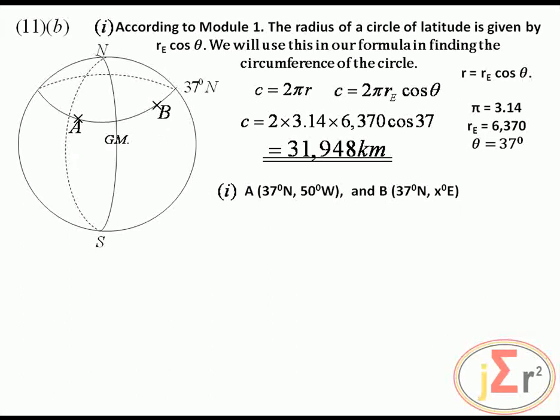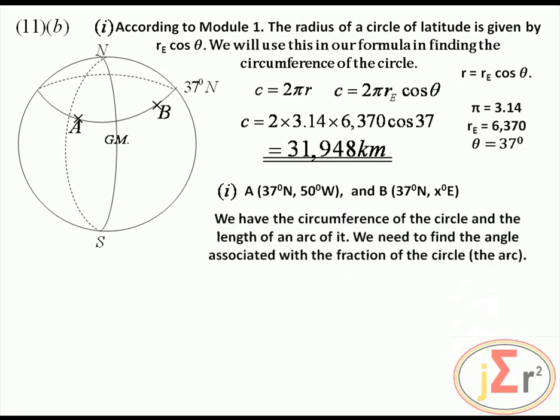B is 37 degrees north, x degrees east. We have the circumference of a circle and the length of an arc of it. So we know the length of the arc because it says so right in the statement of the problem. And of course it says that the distance between the two of them is 5,390 kilometers.